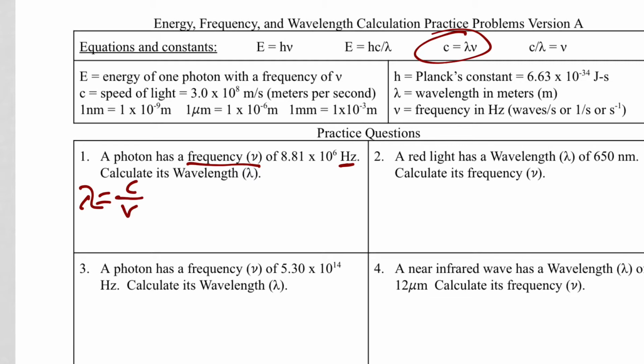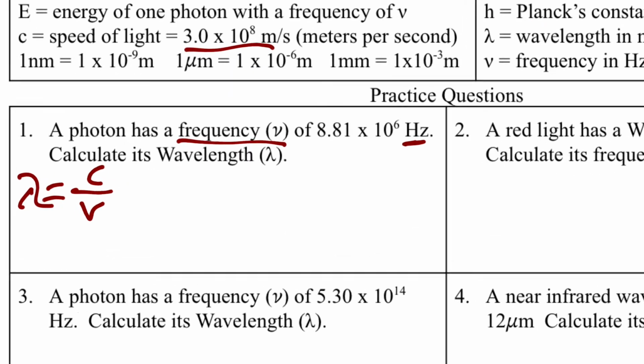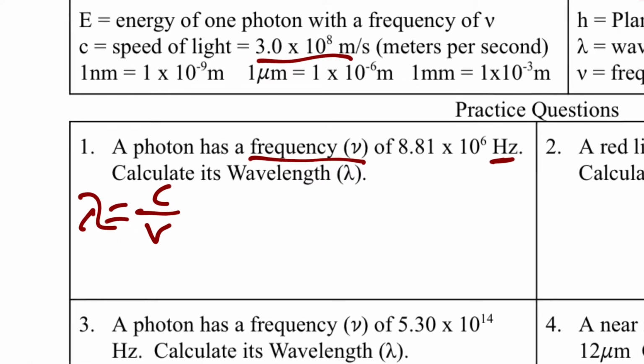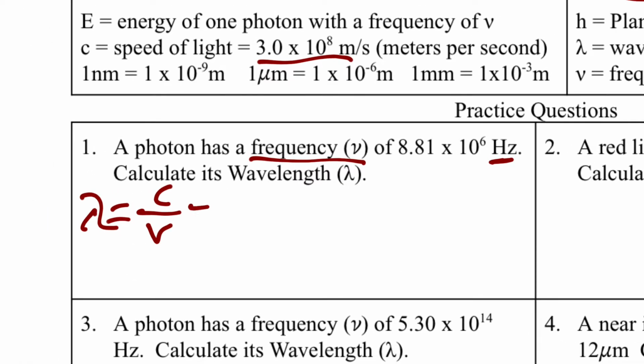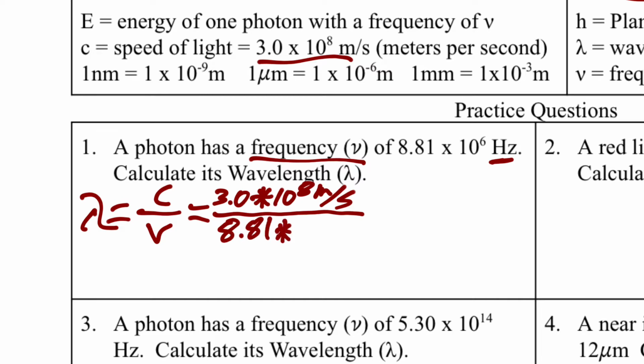The speed of light is given to you here, so 3.0 times 10 to the 8th meters per second can be included in this equation, divided by the frequency, nu, in this case 8.81 times 10 to the 6th hertz.